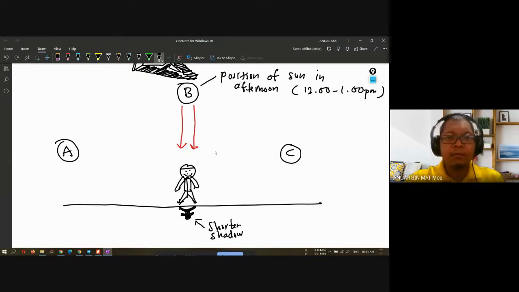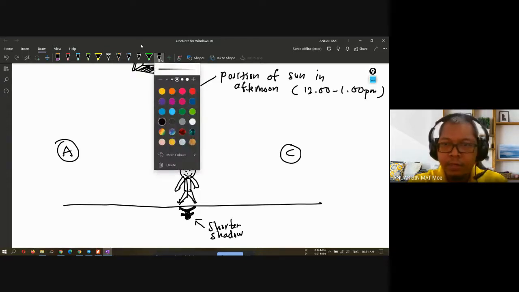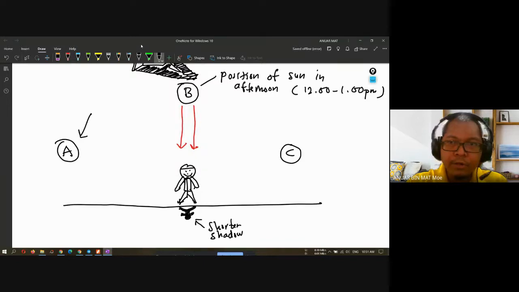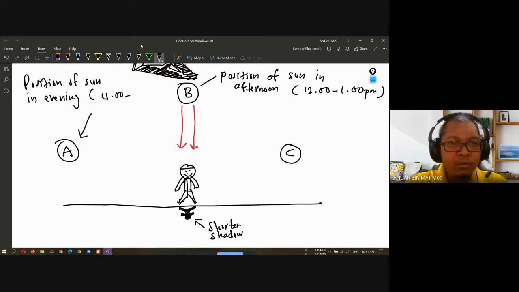If I take A over here, this is the position of the sun in the evening, maybe about 4 to 7 p.m.